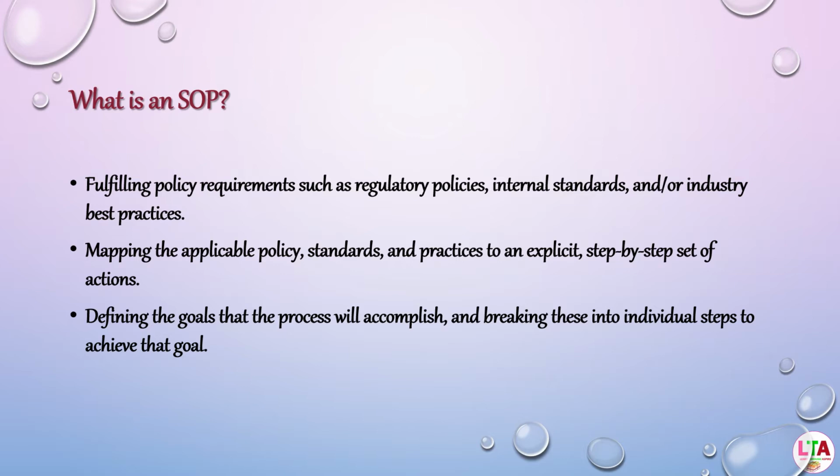It also helps us define the goals that the process will accomplish and break these into individual steps to achieve the goal. It also helps us assign the roles responsible for carrying out each step.